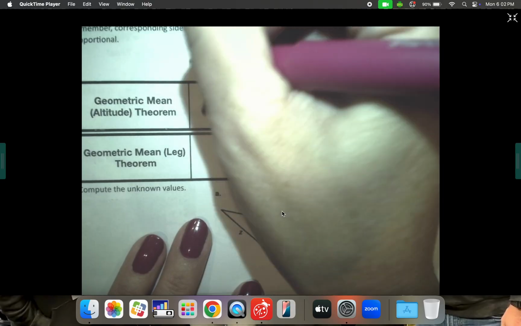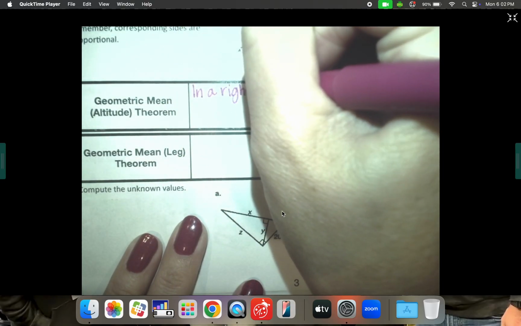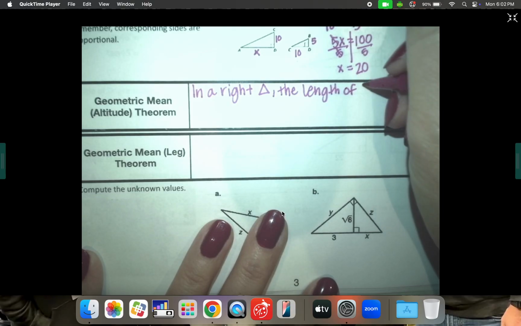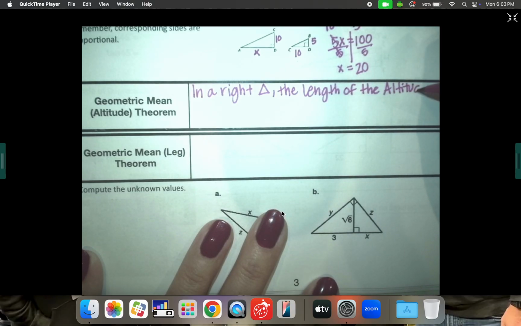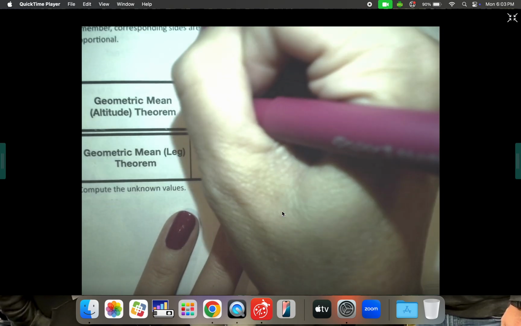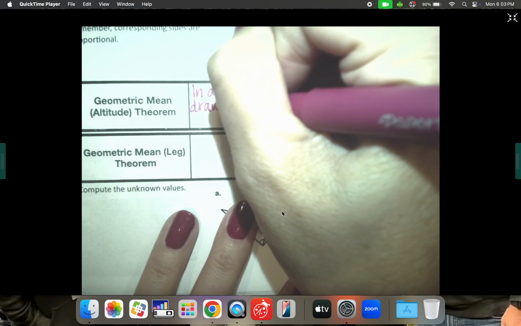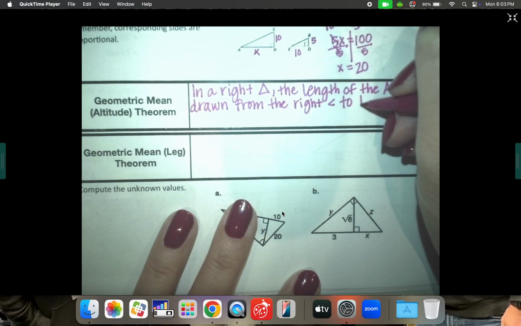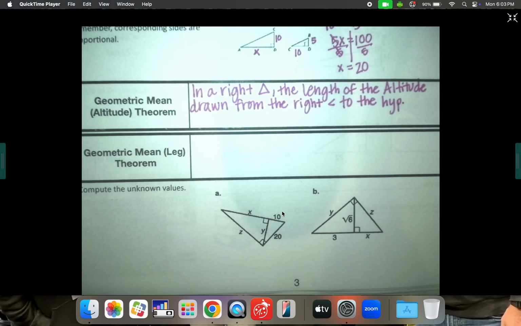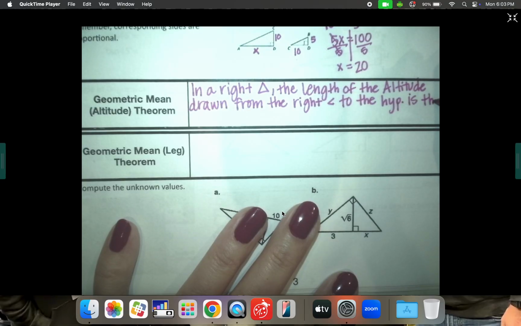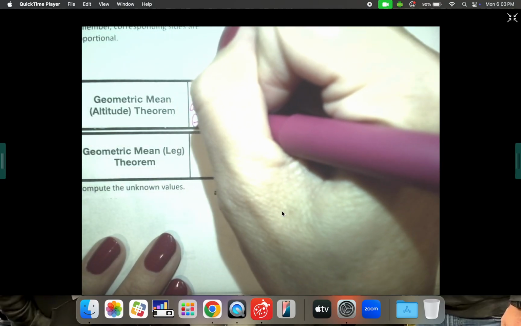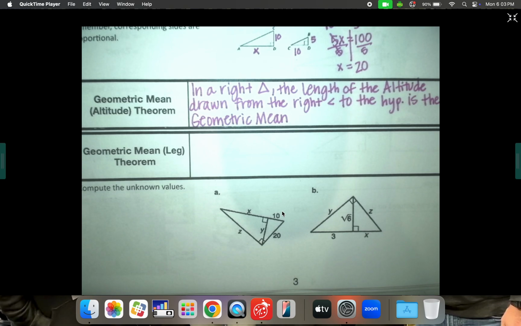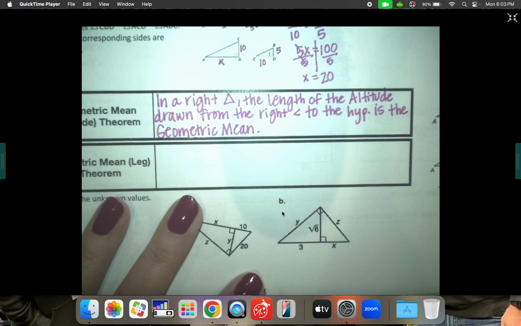The geometric mean altitude theorem says in a right triangle, the length of the altitude drawn from the right angle to the hypotenuse (I'm going to abbreviate hypotenuse as hype) is the geometric mean of the lengths of the segments. But we're not going to need to write all of that because I hope that makes sense.